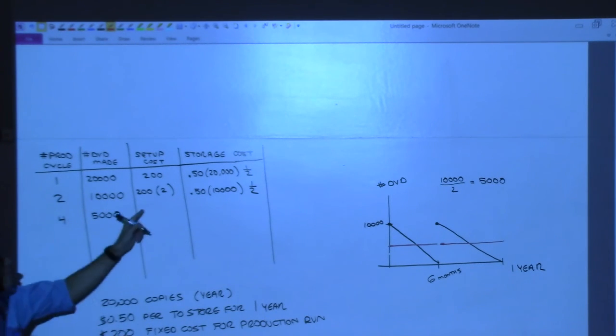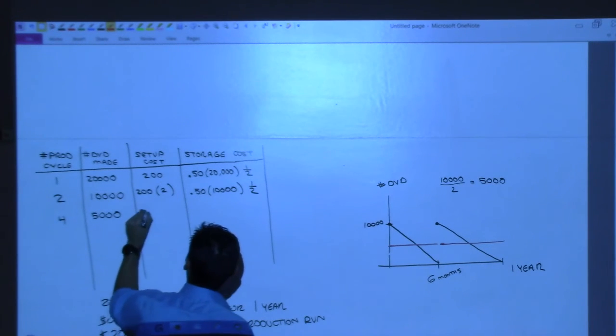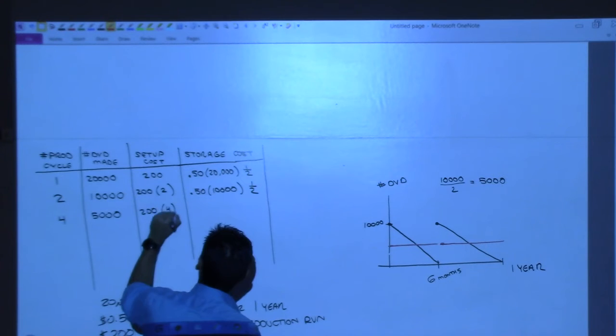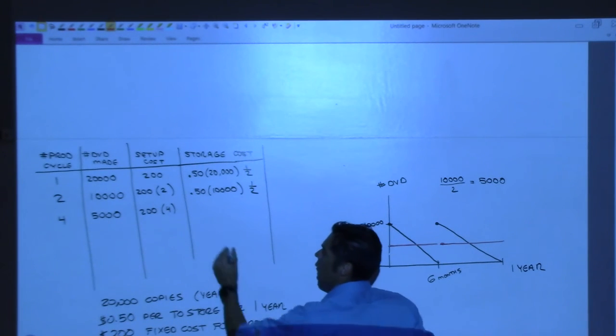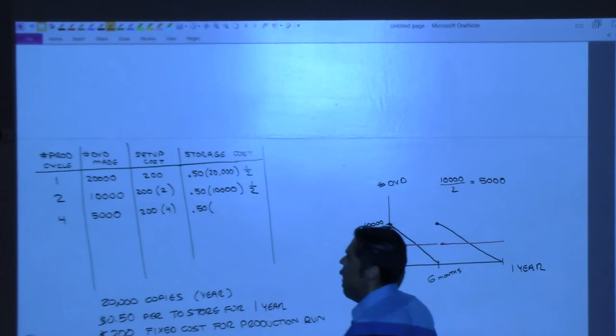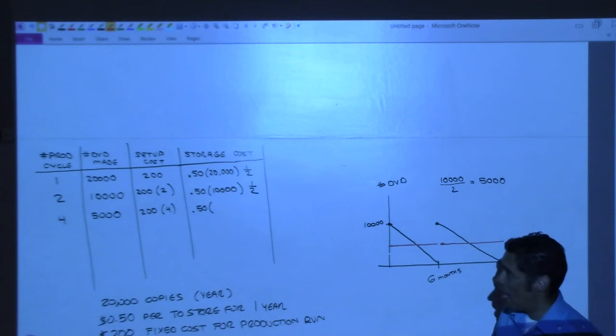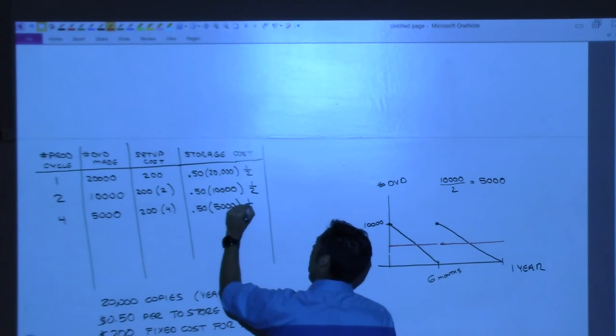Okay, how much am I going to pay for the setup cost? 200 times 4 this time. Let's see if you're catching on to this part. I'm going to be paying 50 cents and then what? 5,000 and then what? Half.